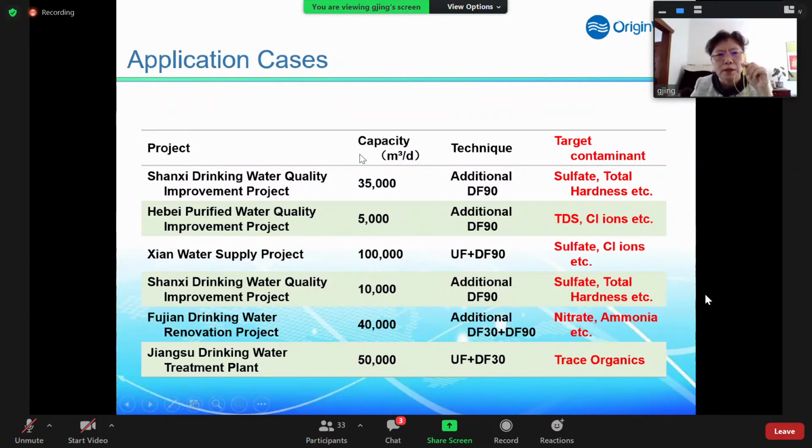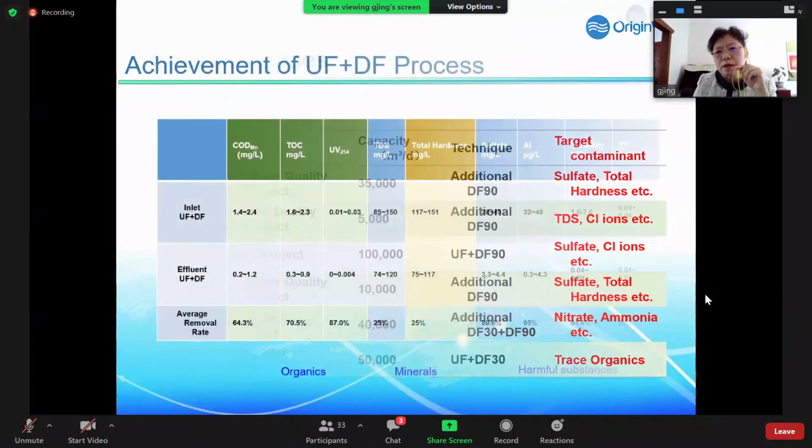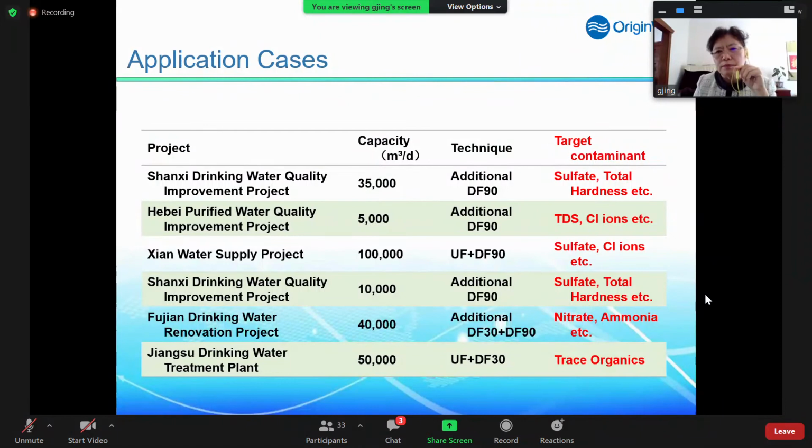If we look at the different projects, they are used in different areas with different scale and capacity, and mainly try to remove the contaminants of sulfate and some other heavy metals.